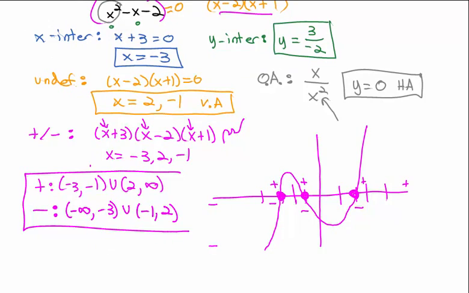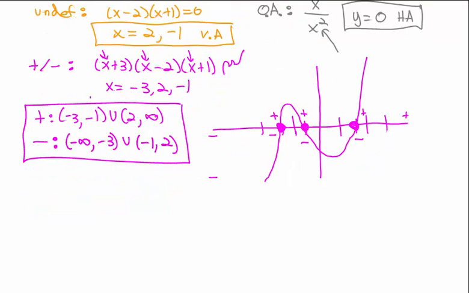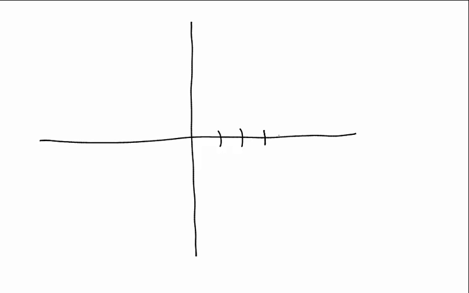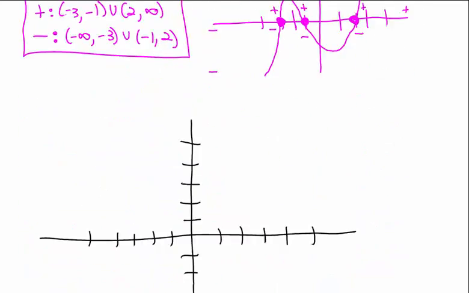So again, our 5 pieces of information, let's translate them onto a graph. Starting with our x-intercept, it was at -3.